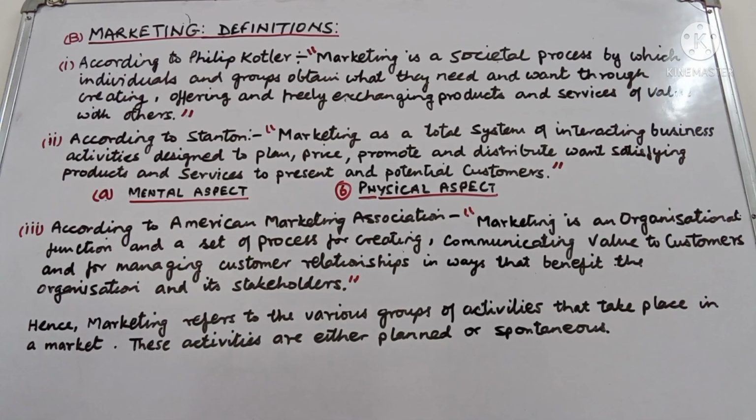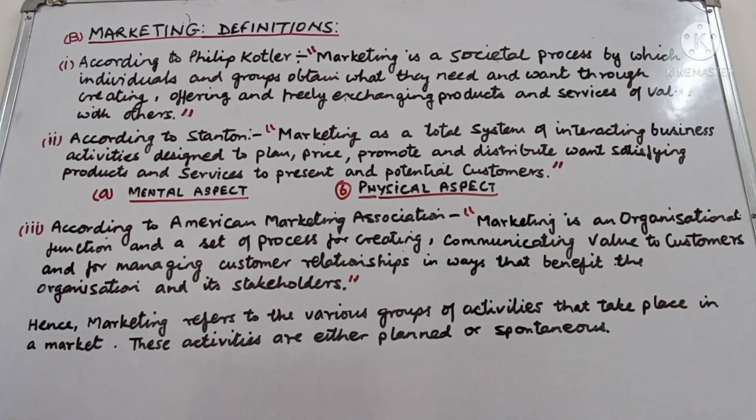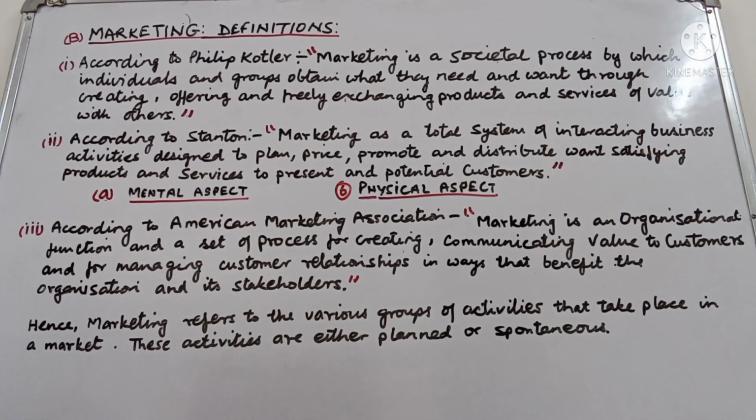Then we have a finance department, where the arrangement of funds to run the organization is made and the transactions are recorded, which we call accounts. And then we have the HR department, which looks after the human resource aspect: the selection, recruitment, and training of personnel. So this becomes the total system, and marketing is one part of the system.